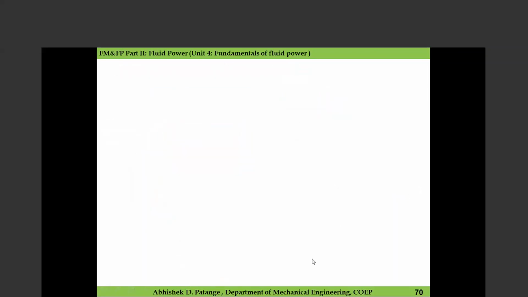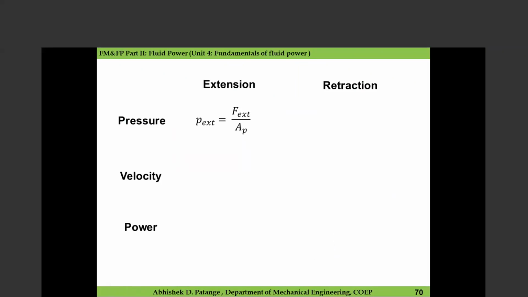Now let us compare the various parameters and their magnitudes for extension and retraction stroke. Let us begin with the pressure, then velocity, and then we'll go for power. As we know, pressure during extension can be calculated by considering F extension divided by area of piston. And for retraction, the pressure can be calculated by considering force for the retraction stroke divided by AP minus AR.